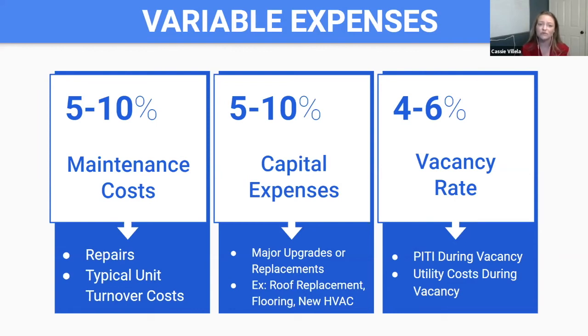You can also consider, like most of my properties have a brand new roof. So that can lower my maintenance costs, at least in the short term. I can use a little bit lower on that. So it's going to be super specific to the property, but you're going to want to make sure that that's in there.